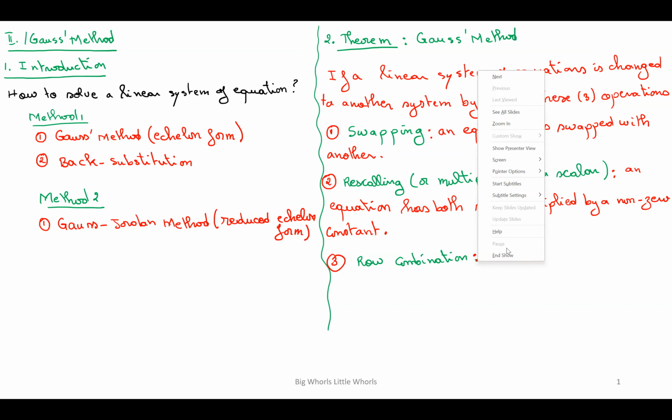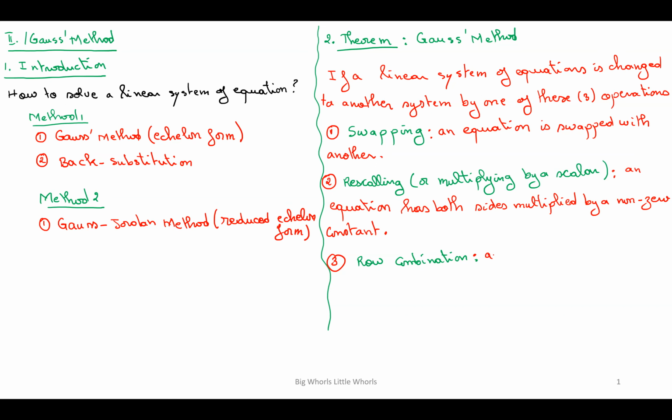By row combination, we mean when an equation is replaced by the sum of itself and a multiple of another.